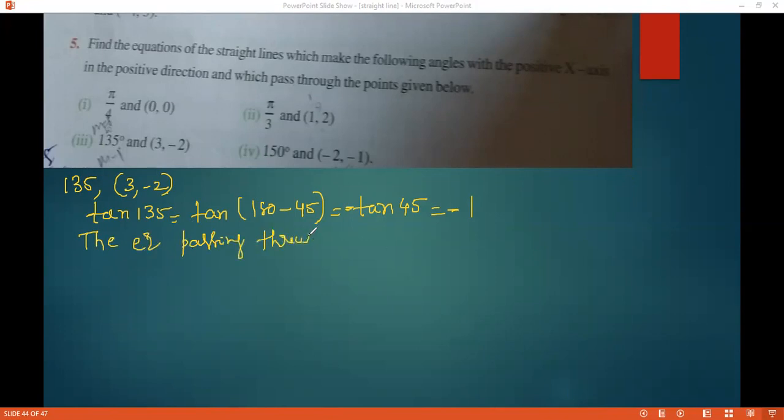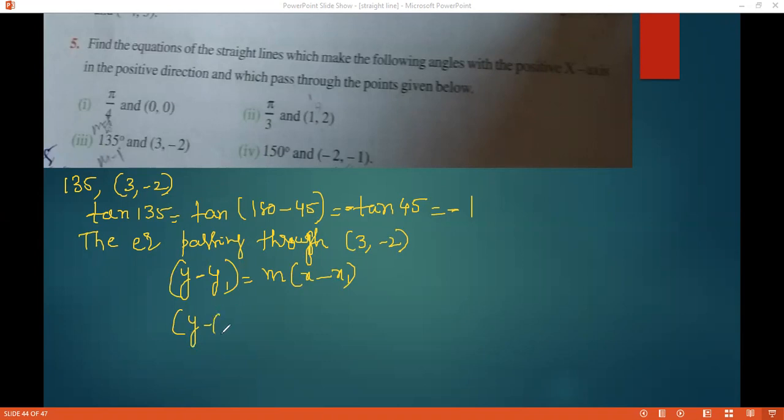Okay. So what they asked in the question is the equation passing through 3 comma minus 2, which is the point. So what do you write now? Point slope form of the equation: y minus y1 is equal to m times x minus x1. Now what do we get?